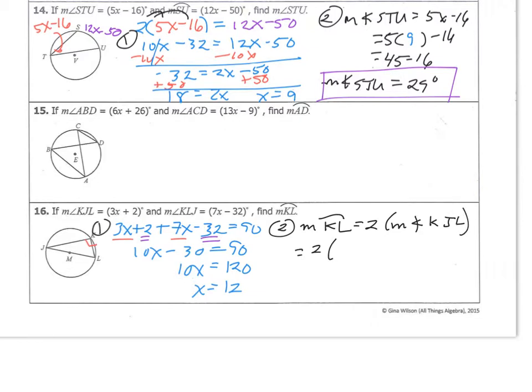So we've got 2 times, and then we're going to use 3 times the 12 that we came up with, plus 2. So what's 3 times 12? 36 plus 2, so 38, and what's 2 times 38? So the measure of arc KL is equal to 76 degrees.